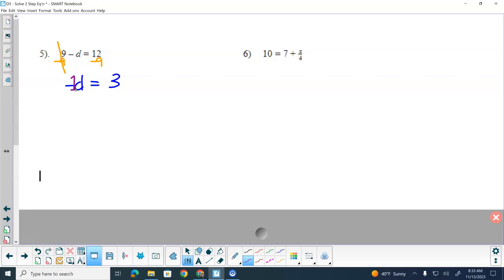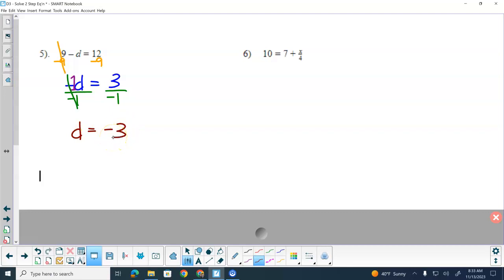But I'm going to stick with dividing by negative 1, because then we're doing what our steps are, because we said we would divide by whatever that coefficient is out in front there. Okay? So negative 1 divided by negative 1 makes me my positive. 3 divided by negative 1 is negative 3.